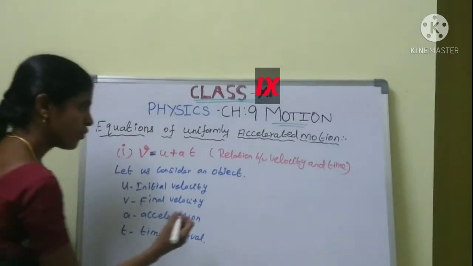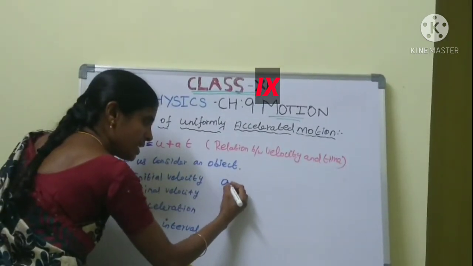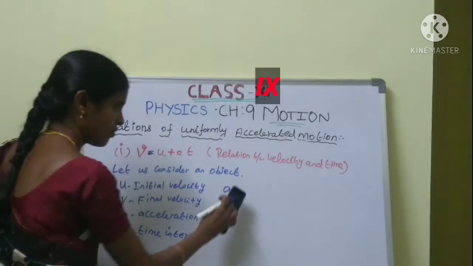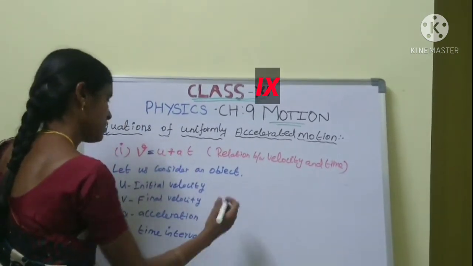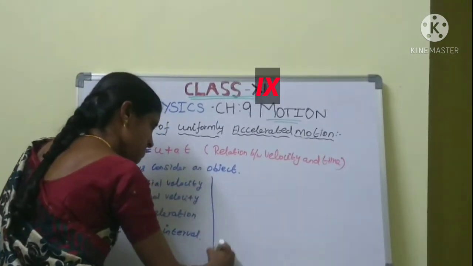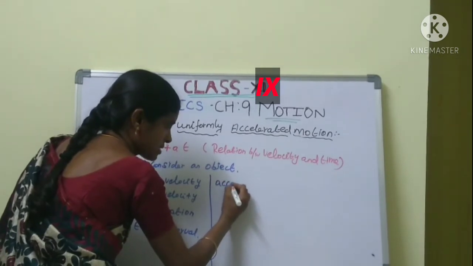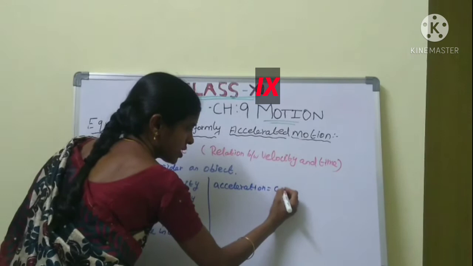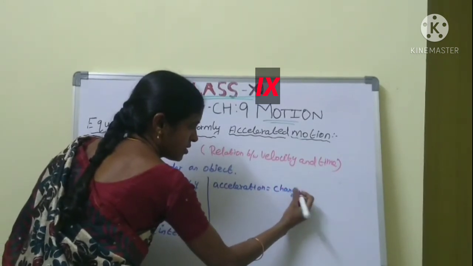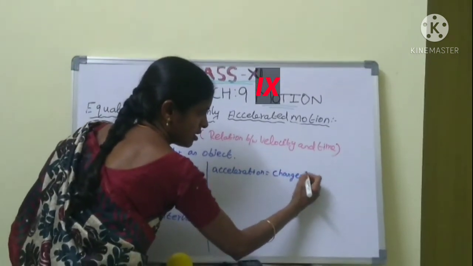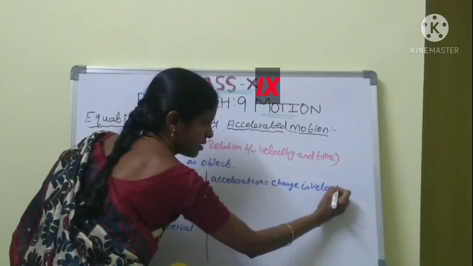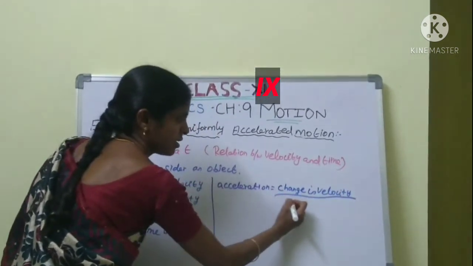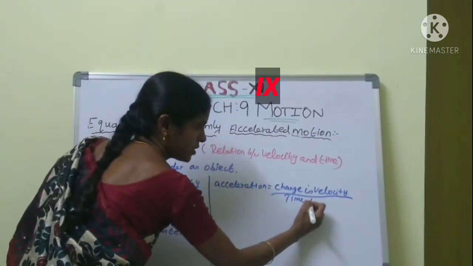What is the formula of acceleration? Acceleration equal to change in velocity by time taken.